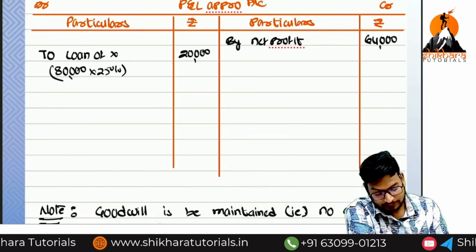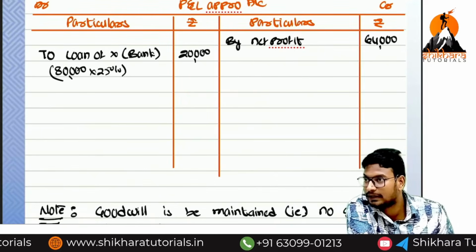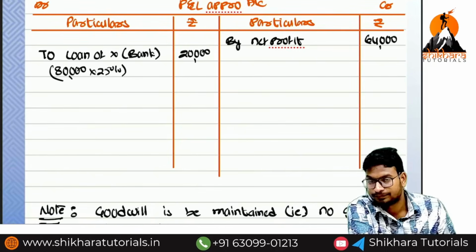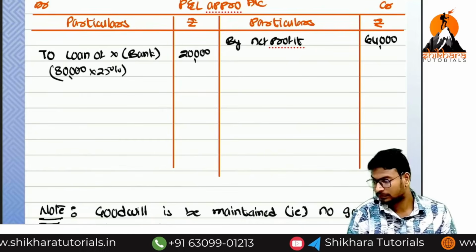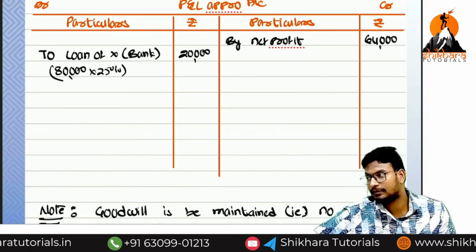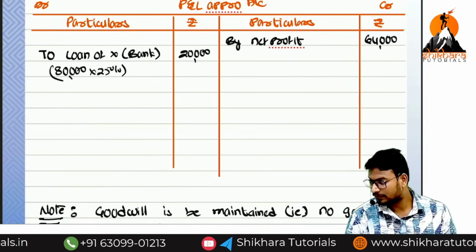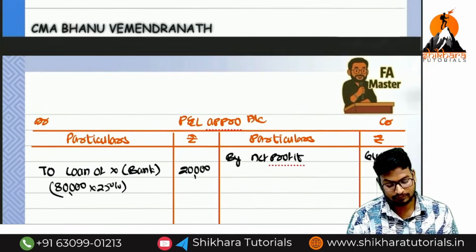Okay? So first what do we need to put here? Bank. So that means the loan value will increase or decrease? The loan value will decrease. So 64,000, 80,000 into 25%.